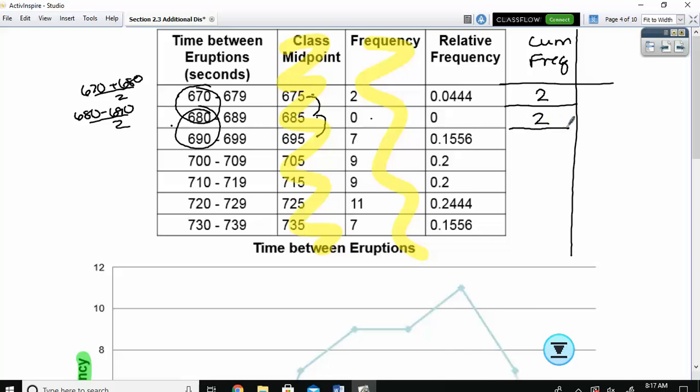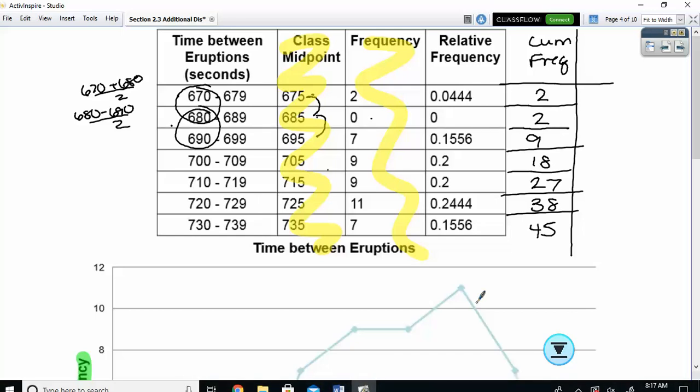Next one was a 7, so 7 plus the 2 that had already happened is 9. Next, if you add 9 more, it'd be 18. If you add 9 more, 27. If you add 11 more, 38. If you add 7 more, it's at 45, which we had 45 original points.